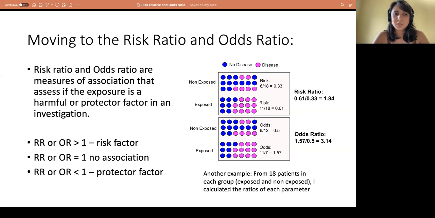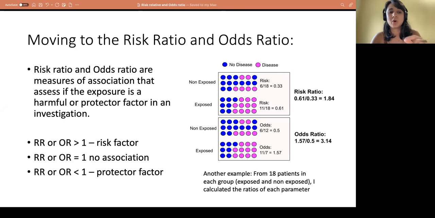So risk ratio and odds ratio are measures of association. Why? Because they will assess if the exposure is a harmful or protective factor in an investigation to develop a condition, a disease, hospitalization, or relapse, or any binary outcome.